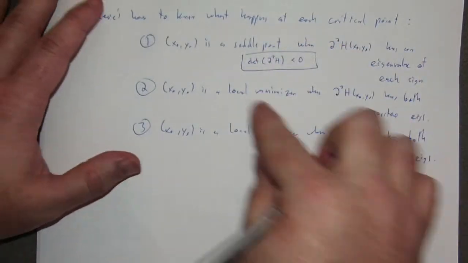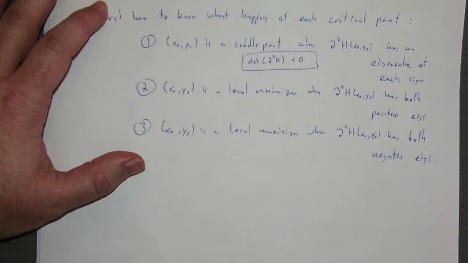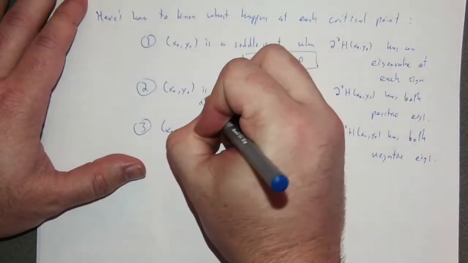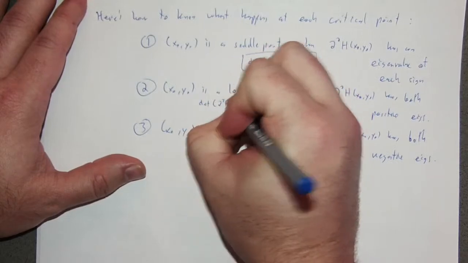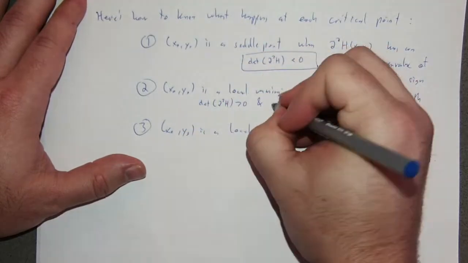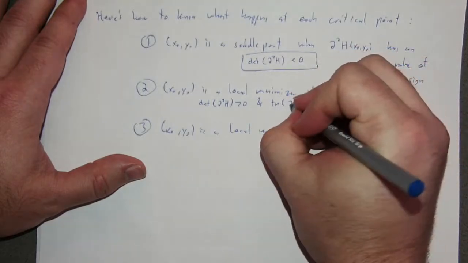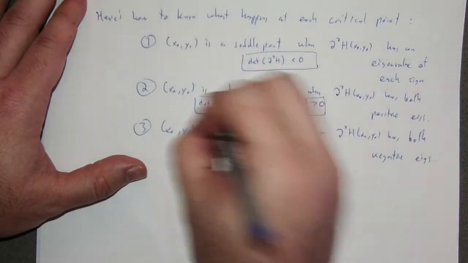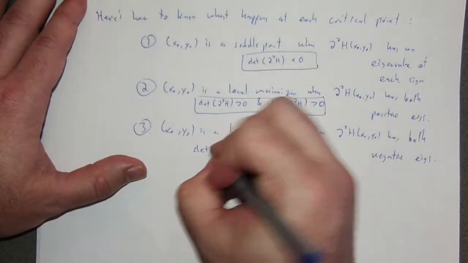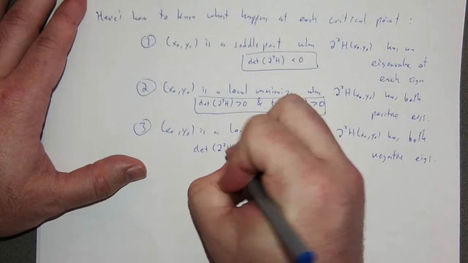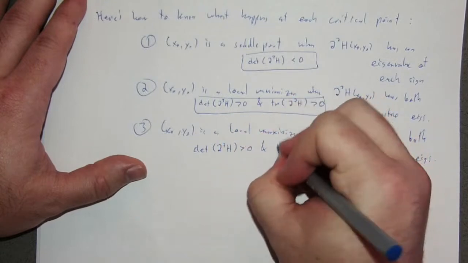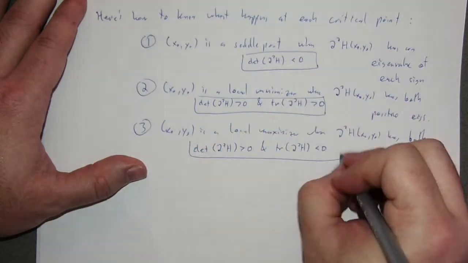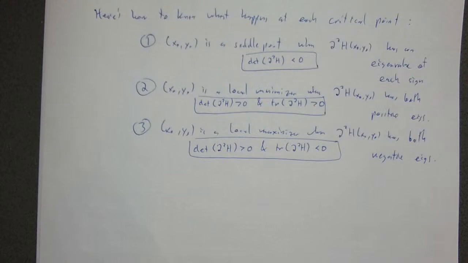It is a local minimizer when the determinant's positive and the trace is positive. And it's a local maximizer when the determinant is positive and the trace is negative. And those are my only three options.